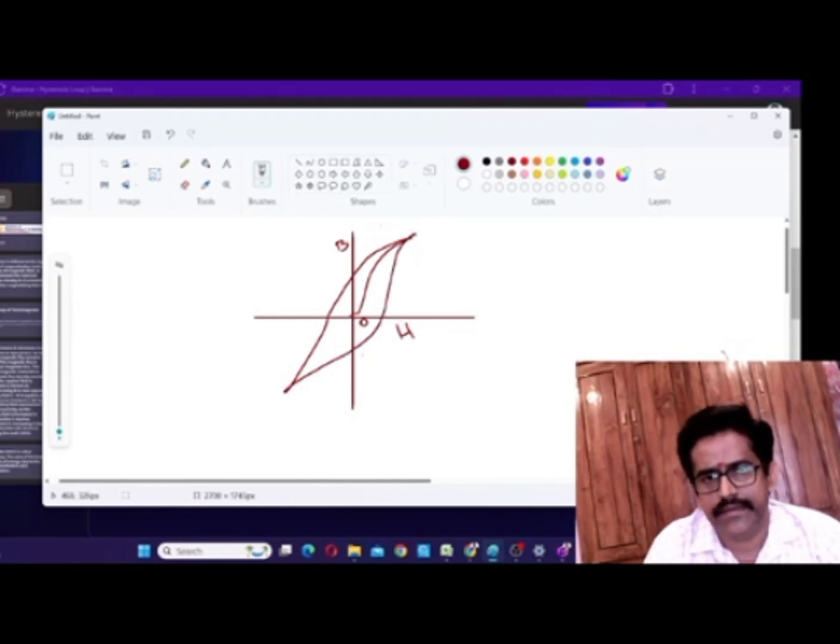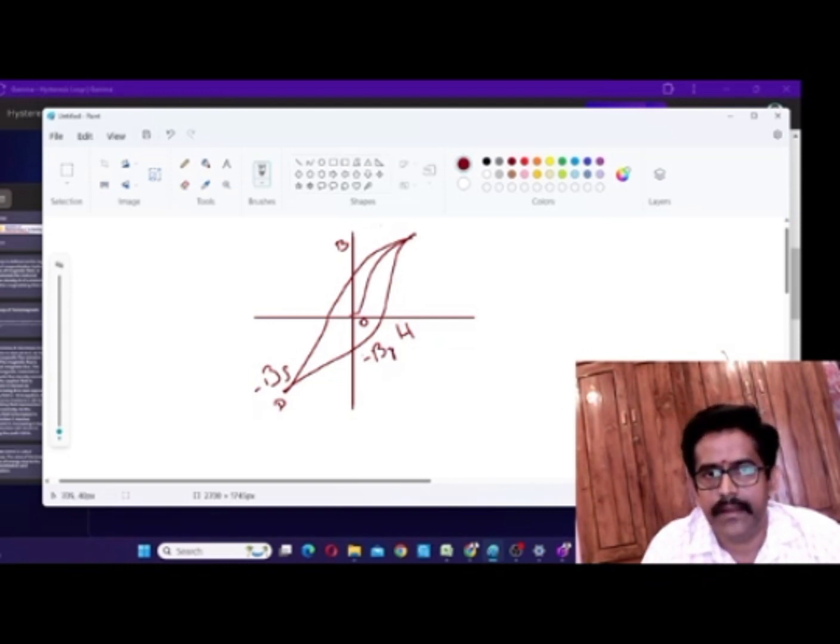This point D is the reverse saturation, minus BS. Minus Br is the reverse retentivity.